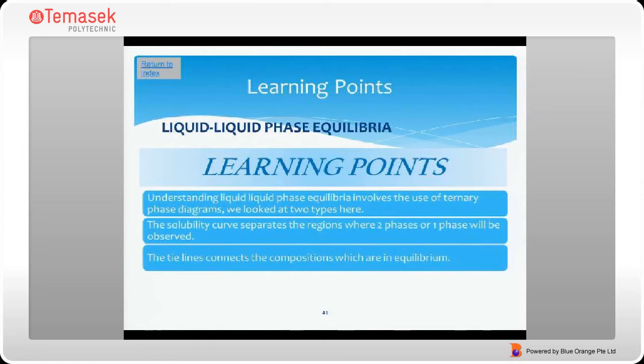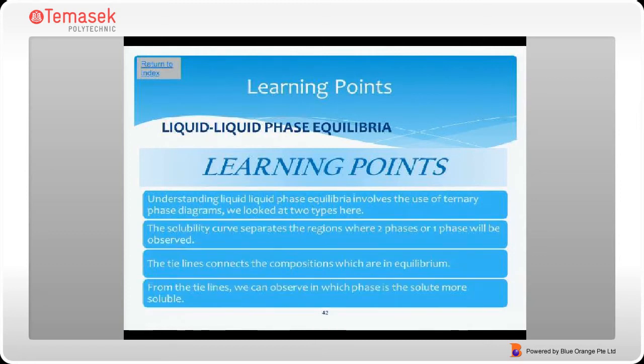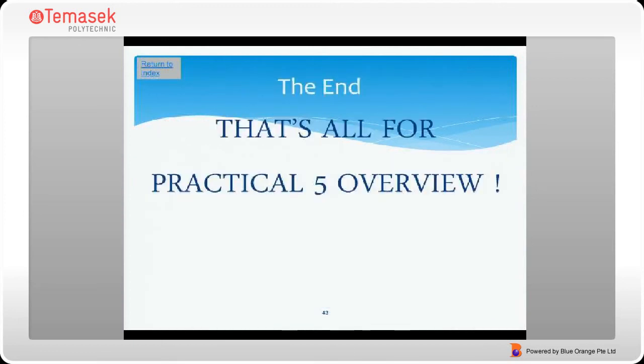The tie lines connect the compositions which are in equilibrium. From the tie lines, we can observe in which phase is the solute more soluble. That's all for Practical 5 overview.